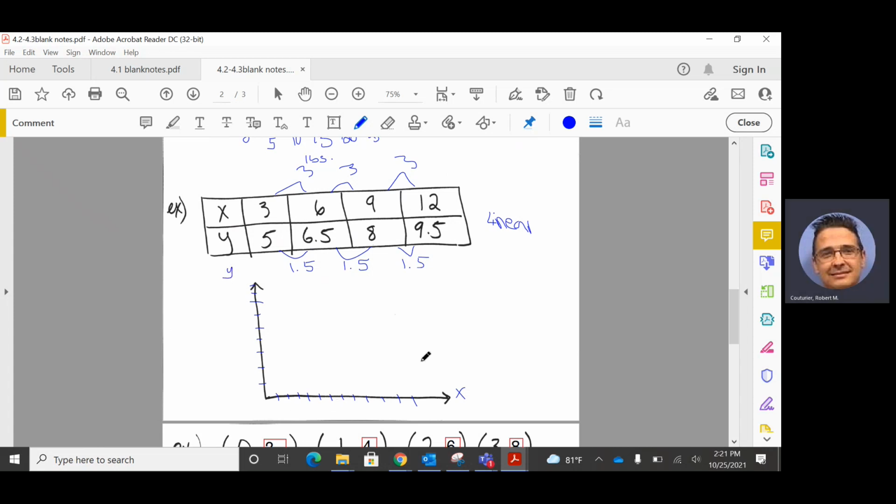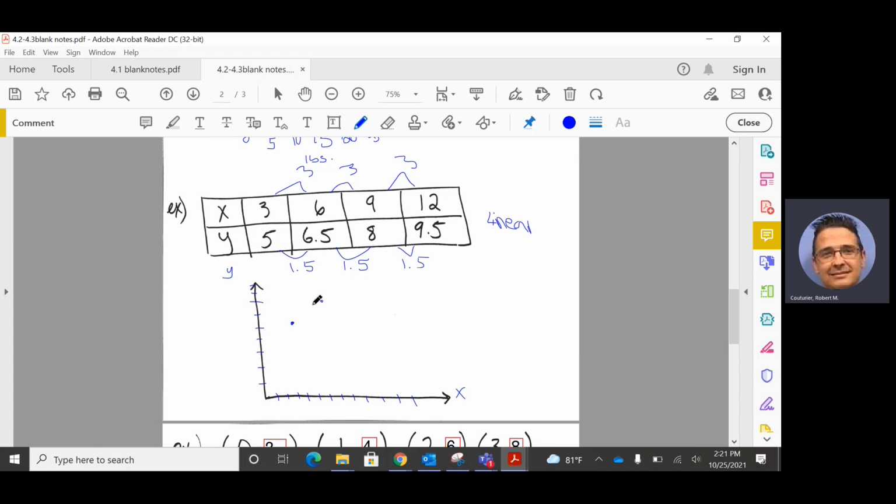And I did everything by ones, just for fun. So we go to graph these: 3, 5. And then we did 6, 6.5. Somewhere in between these two.